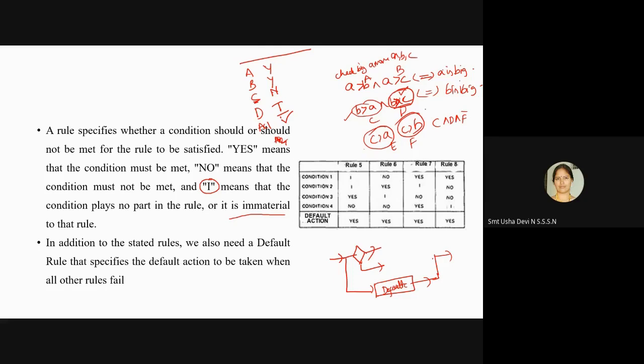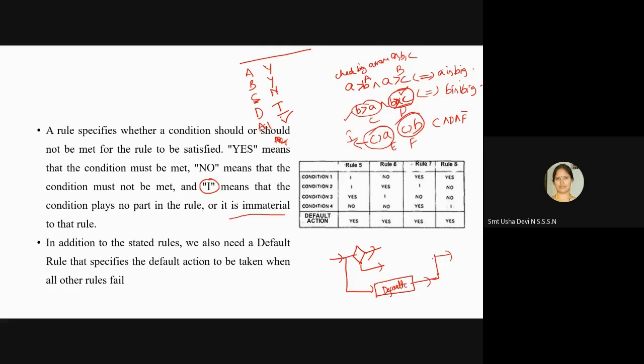We don't know. It may or may not happen. Doesn't matter for us. It is not going to change the result of B greater than A, B greater than C anyhow. So this E condition is immaterial.